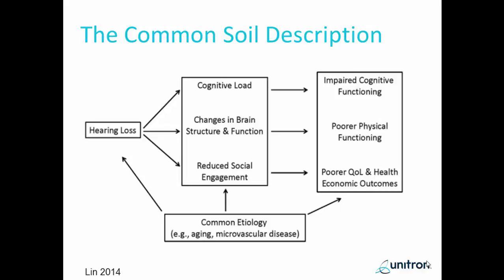This slide is here to remind us that aging and microvascular diseases such as type 2 diabetes have an impact on hearing loss. Their work and others has shown that age-related hearing loss is independently associated with reduced social engagement, both physical and functioning changes in the brain, and of course increases in cognitive load.